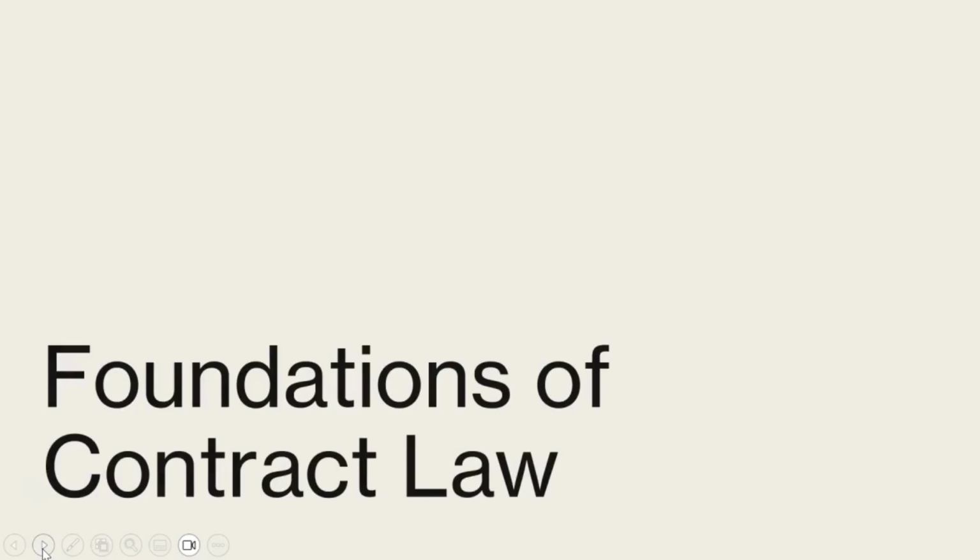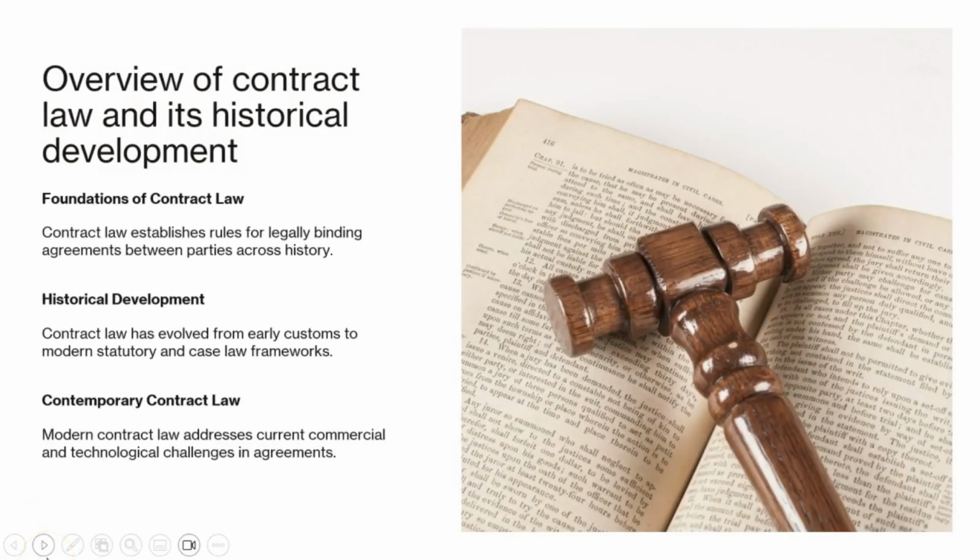So, the foundations. We'll now cover an overview of its historical development and categories of contract law. So, general overview, the foundations of contract law. Contract law is what establishes rules for legally binding agreements between parties across history.